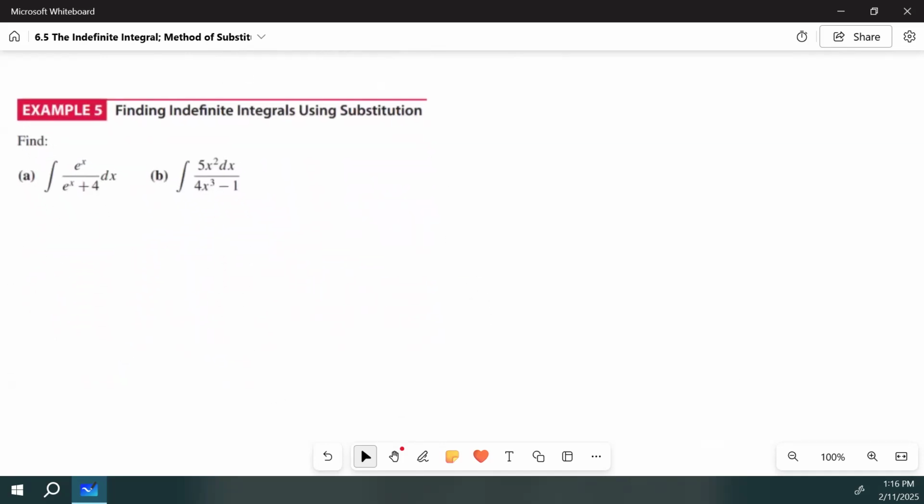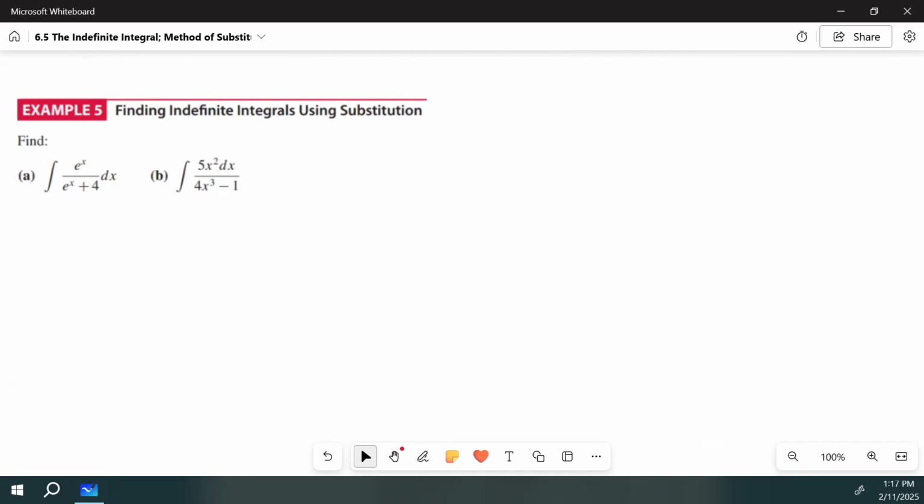And so we may have to get a little bit creative here because sometimes if you pick the incorrect substitution, you'll end up with a more complicated integrand. So the idea behind substitution is to substitute so that you have a simpler integrand.